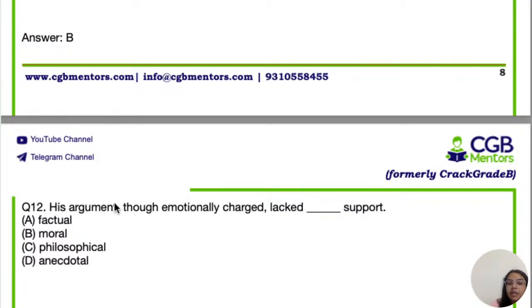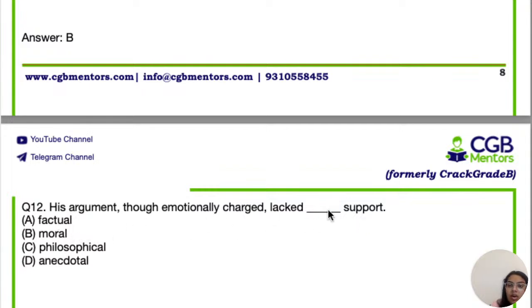His argument, though emotionally charged. Now, though के साथ में emotional related anything is gone. So that red dash support, मतलब बटोरा. So his argument lacked what kind of support apart from emotional charging up? Answer is going to be A. Factual support.